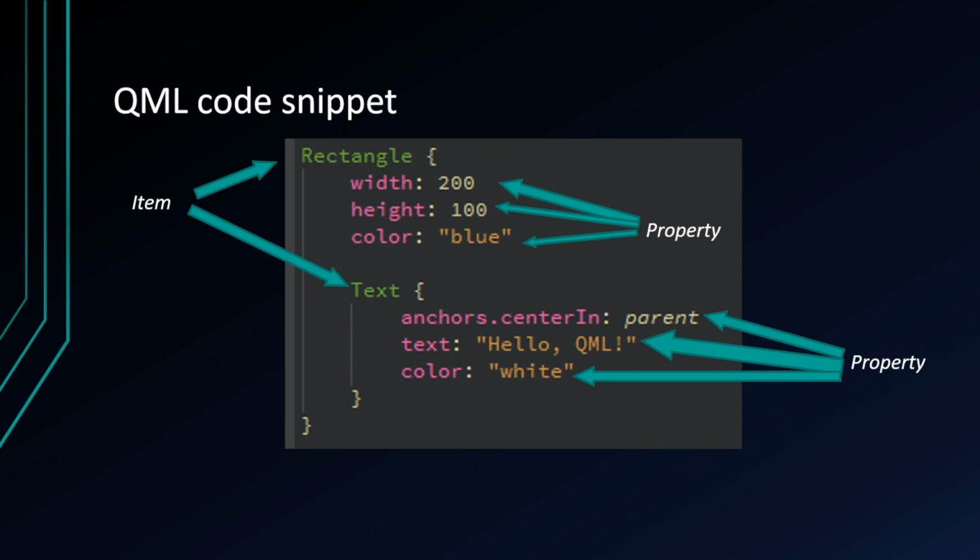And additionally, QML allows you to define signals and slots to integrate JS, adding interactivity and functionality. So as you see here, you have some items, for example, a rectangle. Well, you know what a rectangle is, and it has some properties, for example, width, height, color, and so on. So it means a declarative language, where you declare what you want to see.